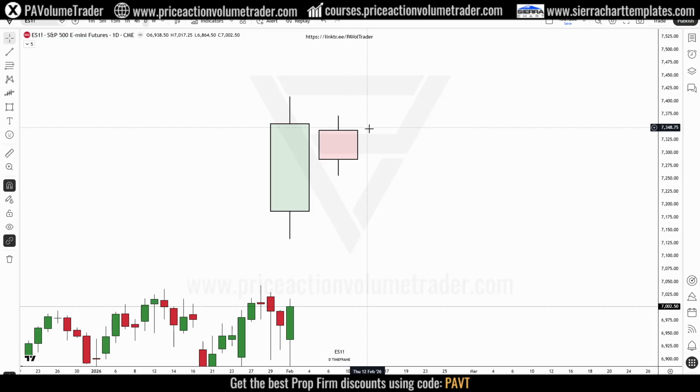Okay, and basically it's very simple to identify. To have an inside day pattern, all we need is to assume each one of these candlesticks is one daily candlestick. So let me change the color of this.